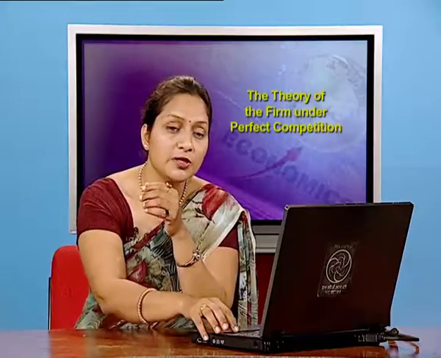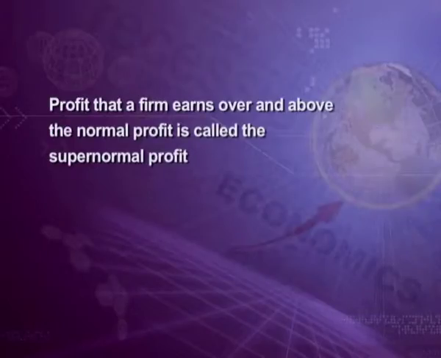This foregone return of factors of production is the opportunity cost to the firm. The profit level that just covers the explicit cost and opportunity cost of the firm is called the normal profit. Profit that a firm earns over and above the normal profit is called the supernormal profit.